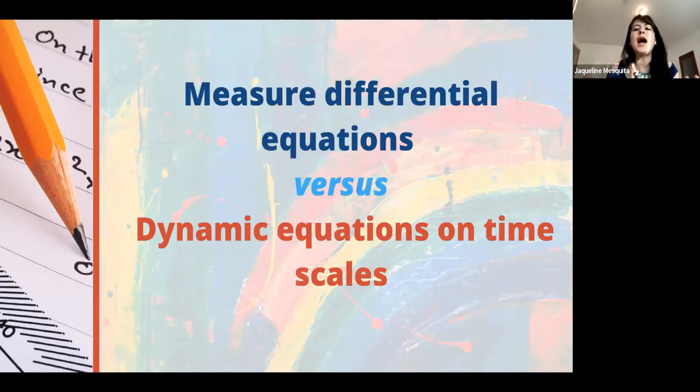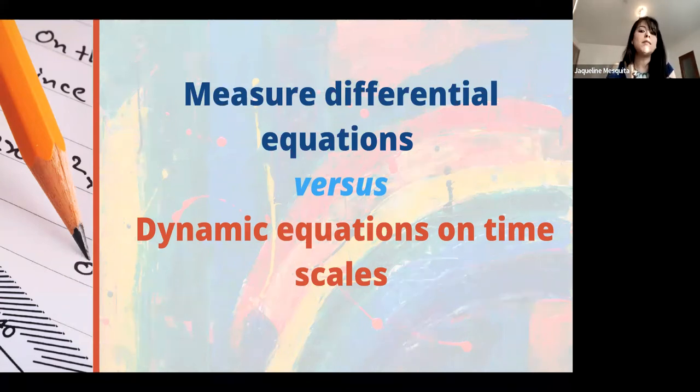Now let's see how we can relate measure differential equations and dynamic equations on time scales. One thing we need to think about when we try to make such a connection is that measure differential equations are defined on the whole real line, so we have the continuous case. But when we deal with dynamic equations on time scales, we can have holes in our domain.